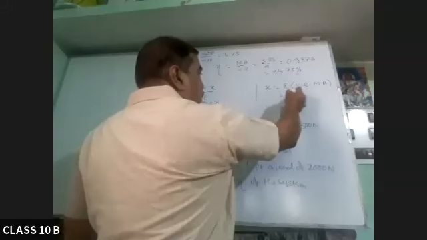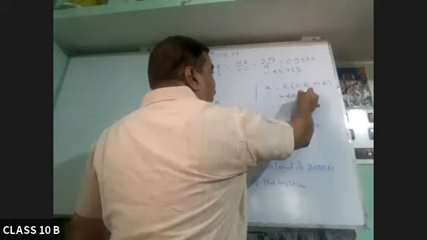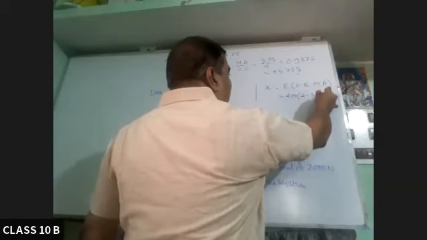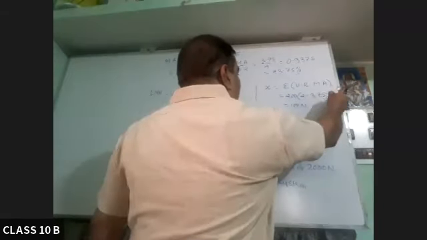If you are using this way, then what will be? This is 400 Newton. So either this way or that way you can find, no problem.